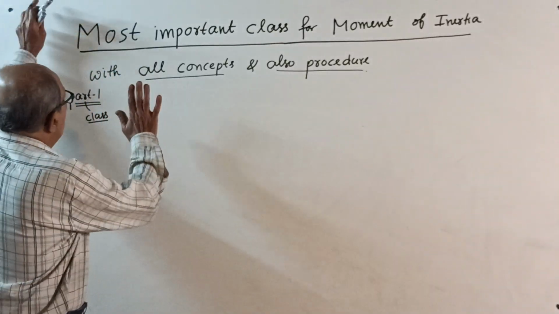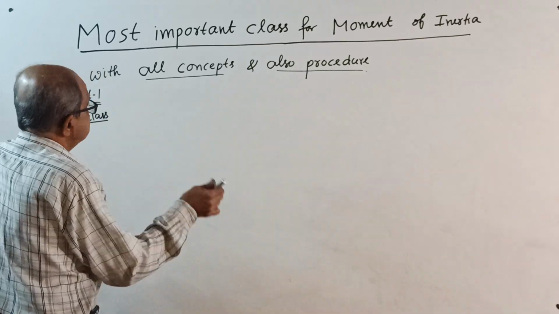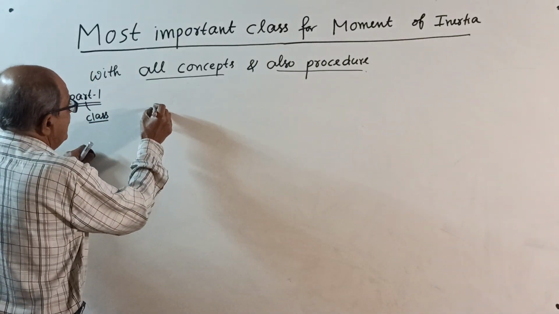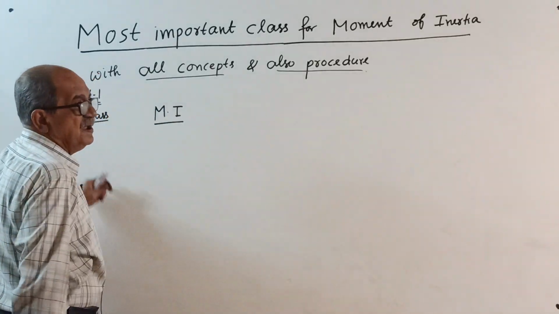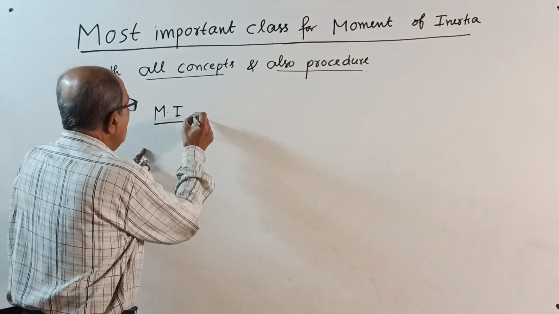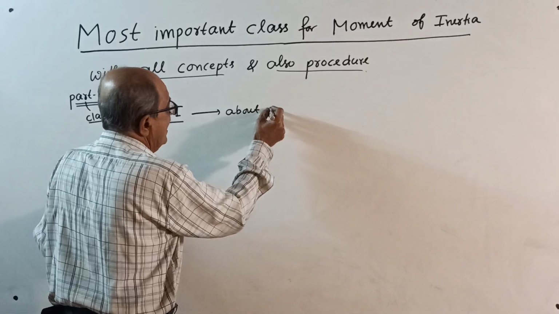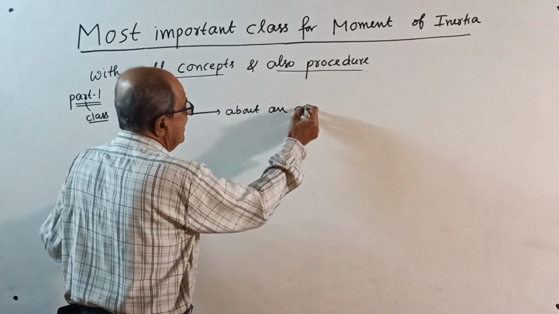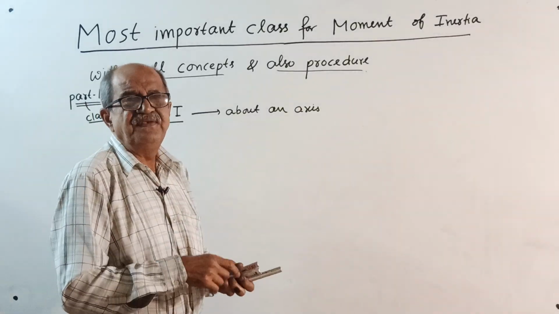Now, first remember these points one by one. First, moment of inertia, I will write MI to save time. Moment of inertia, when you calculate, is always about an axis. That axis may be anywhere.